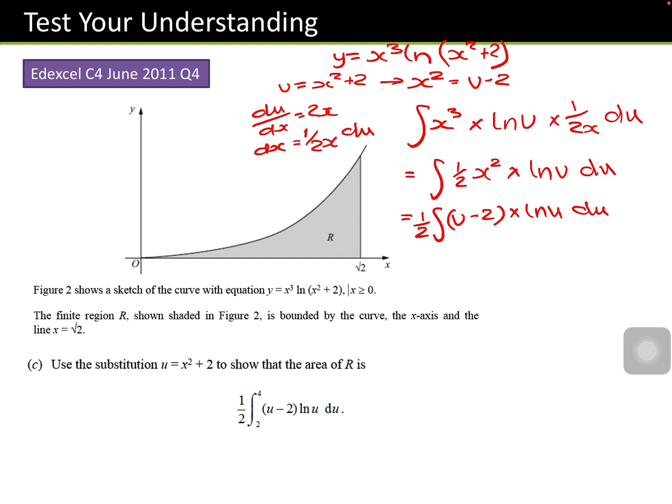All I need to do is alter my limits. Now, my limits at the very start were between root 2 and 0, because I get those from my x values. So I've got to use my substitution from up here, and this is maybe where I want to say that x equals the square root of u minus 2, so take it a step further.